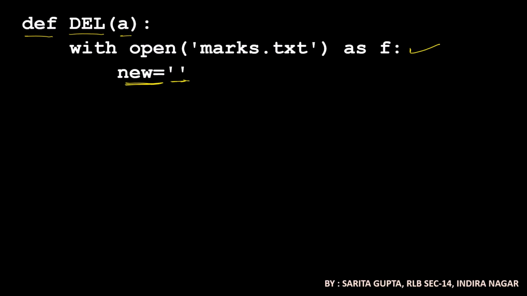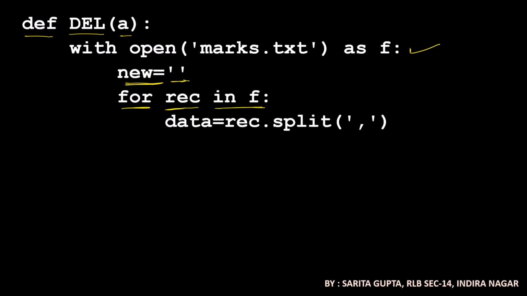Next, reading data from the file line by line. Since every student record is written onto the file as a line of text delimited by a slash n, using a for loop for reading each student record one by one from the file as for rec in f.